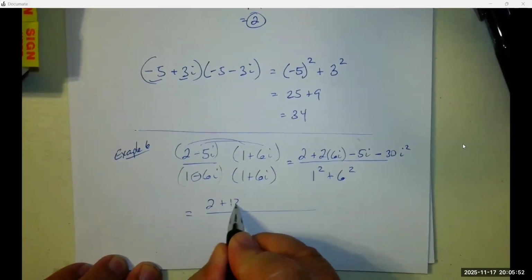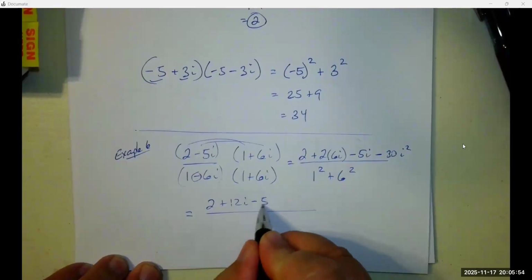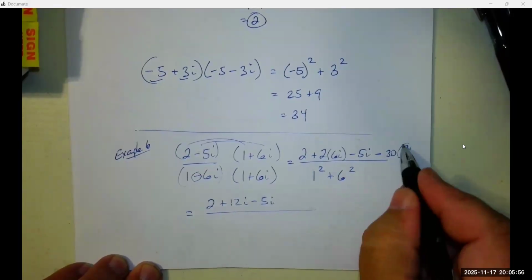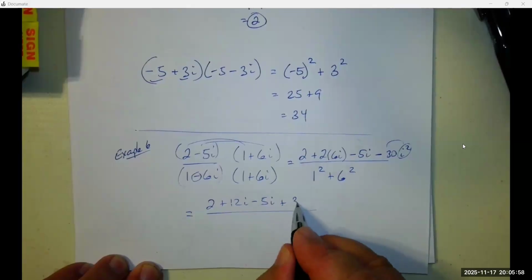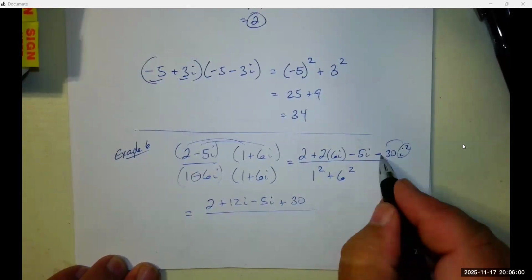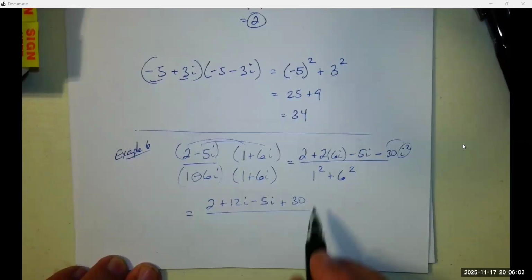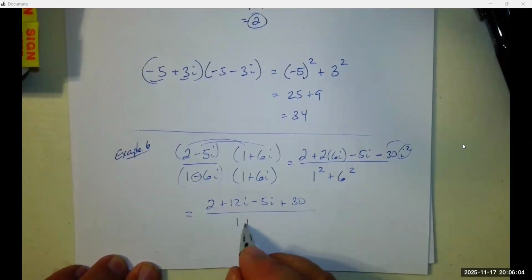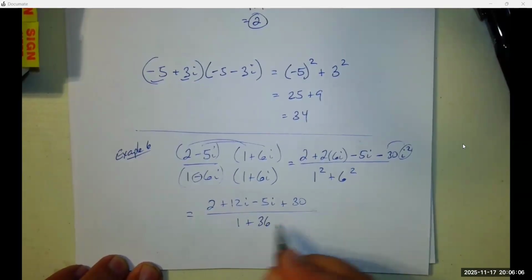So 2 plus 12i minus 5i plus 30, because remember, the i squared changes the sign in front of it. 1 squared is 1. 6 squared is 36.